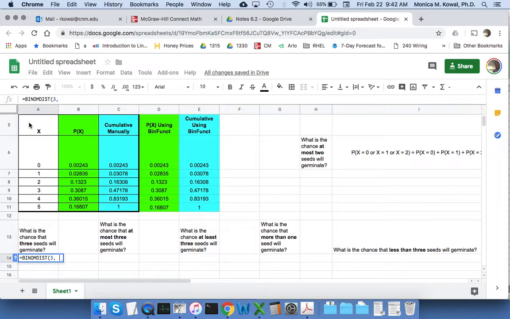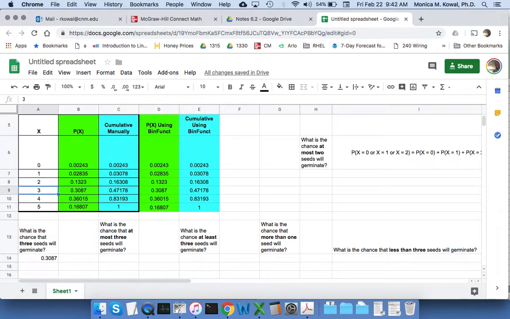We have 3 successes, we have 5 trials, we have a 0.7 for a success to take place, and we don't want it to cumulatively sum all prior cases, or probabilities rather, so we want FALSE. And we can see that matches that probability right there. What is the chance that at most 3? So at most 3 means that you could have none, or 1, or 2, or 3.